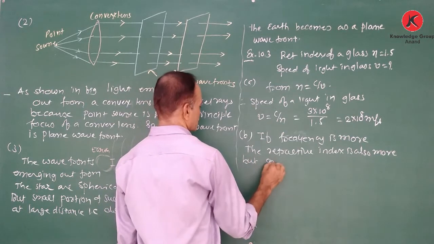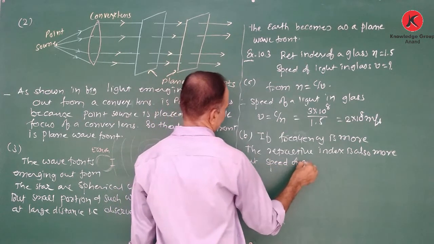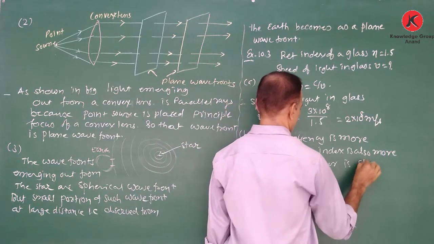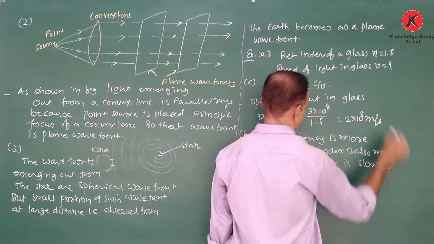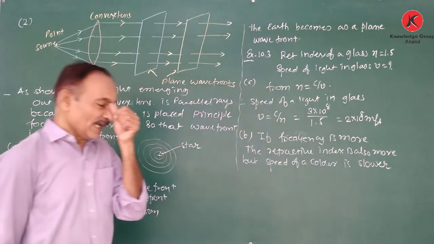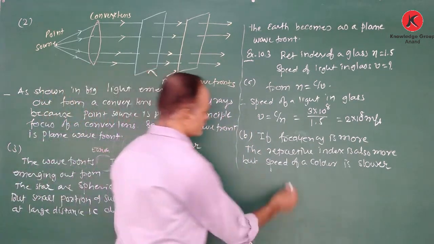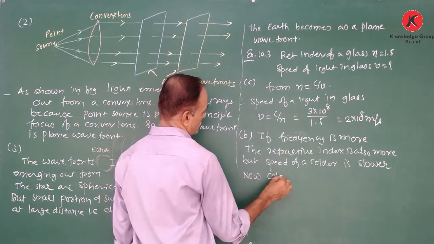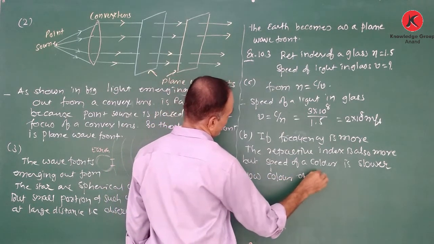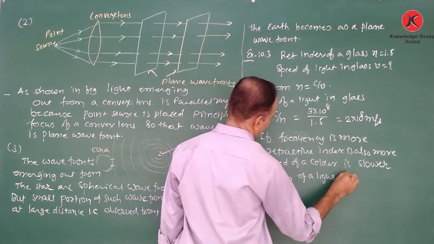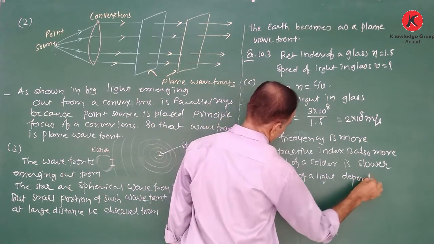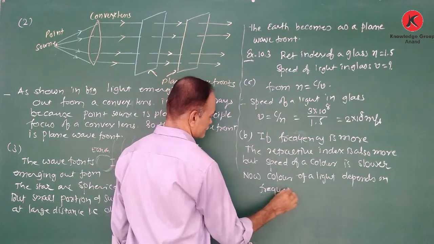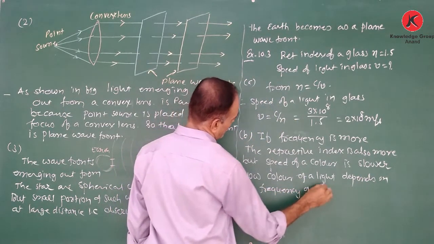The speed of that color is slower. The color of light depends on the frequency of the light.